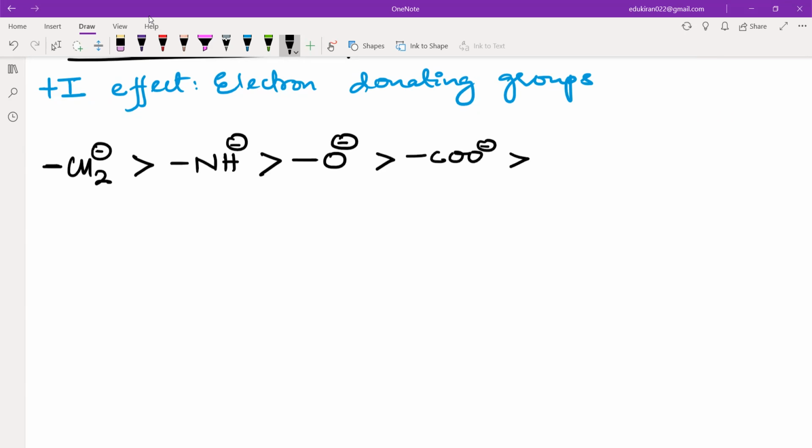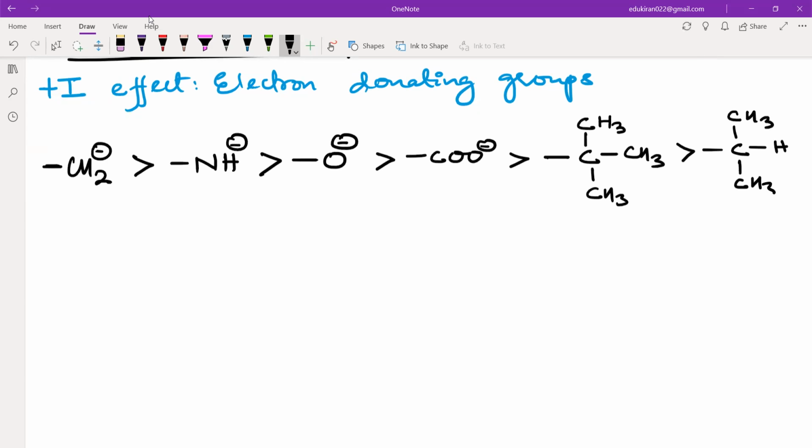After that, you will have a carbon which is attached to 3 other groups, CH3 groups, or R groups in general. So this also has a tendency to give electrons. This will be followed by a carbon atom which is attached to 2 methyl groups or 2 alkyl groups.